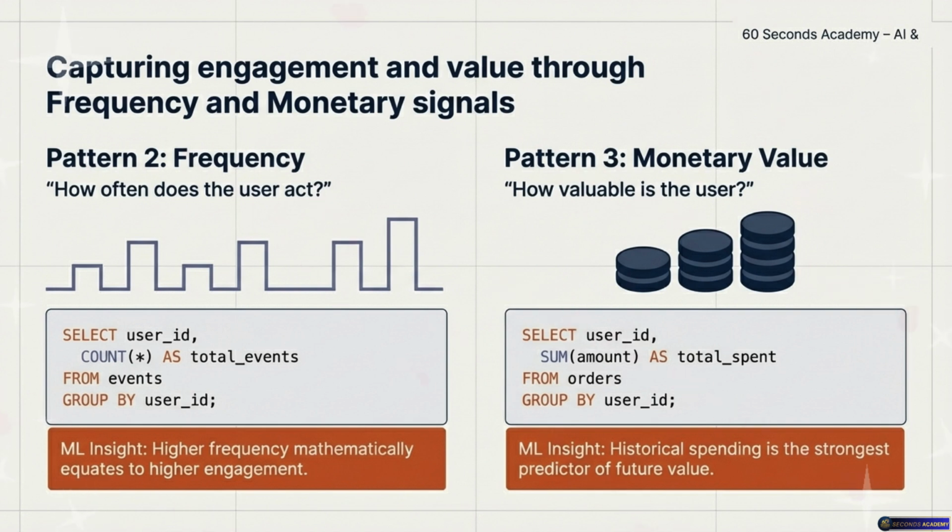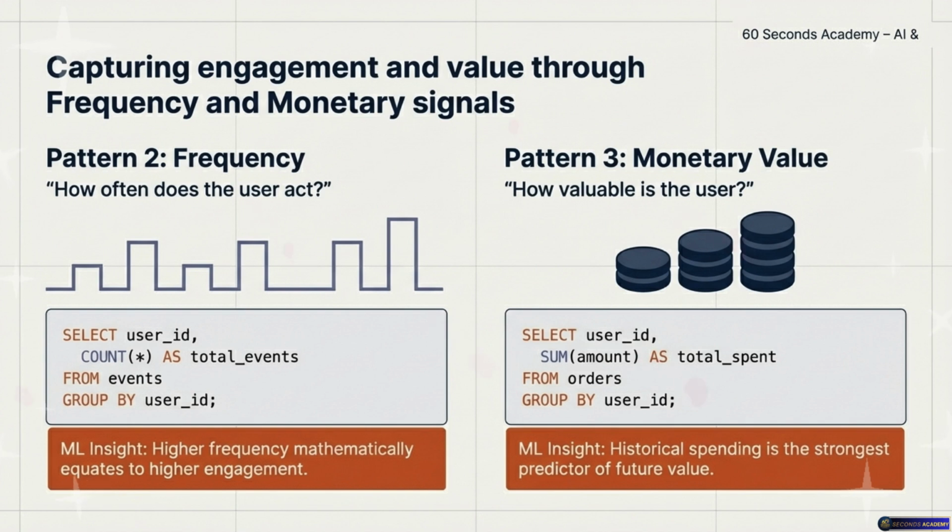A machine learning model doesn't inherently understand what a loyal customer is. But if it evaluates a user and sees a recency of 1 day, a frequency of 500 interactions, and a high monetary value, the model groups them in a mathematical space with other users who share that exact same RFM fingerprint. It's a highly efficient shorthand way to quantify complex human loyalty and predict what that group will do next.